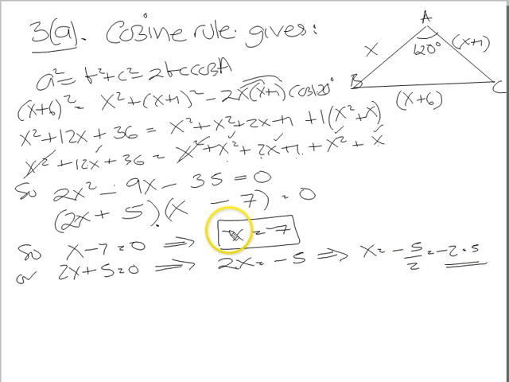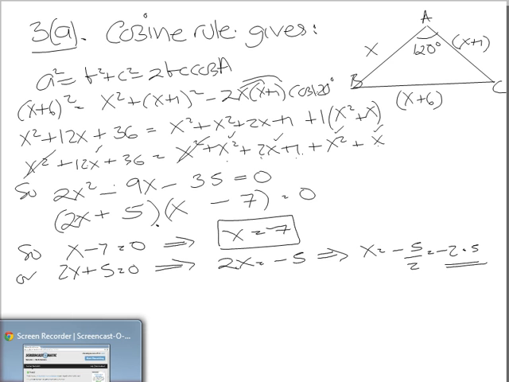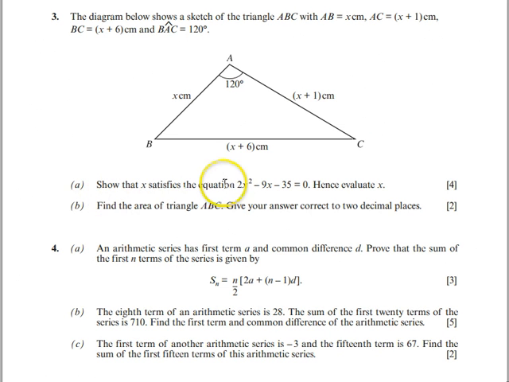Now let's go back and look at the question then, and see if it makes any sense, because we're solving a triangle, don't forget. Right? So let's look back at the question to refresh ourselves. Show that x satisfies, hence evaluate x. Right, so let's go back and interpret our answer then.